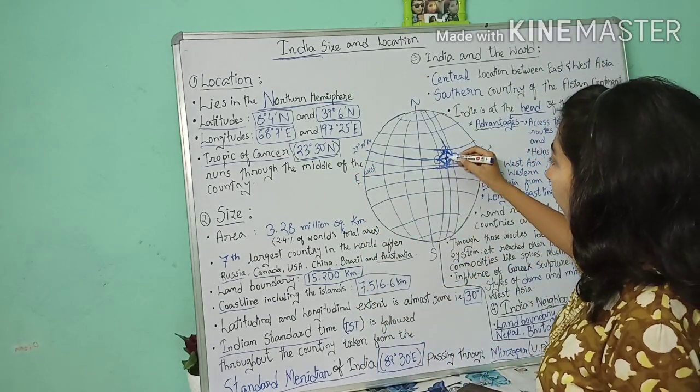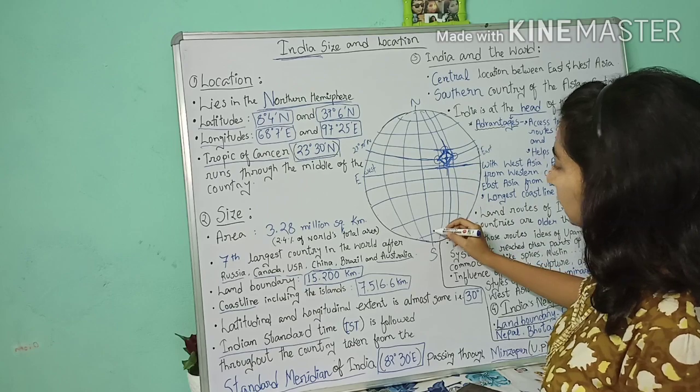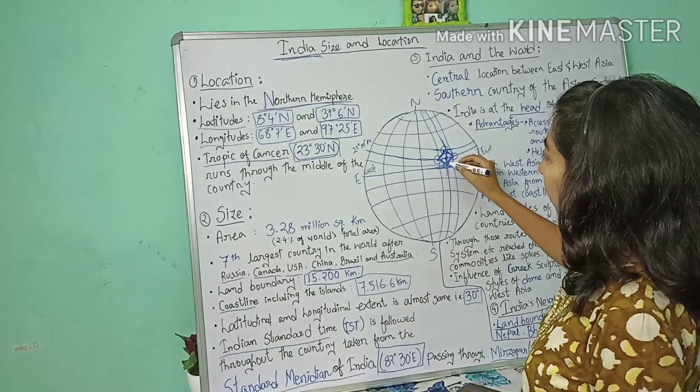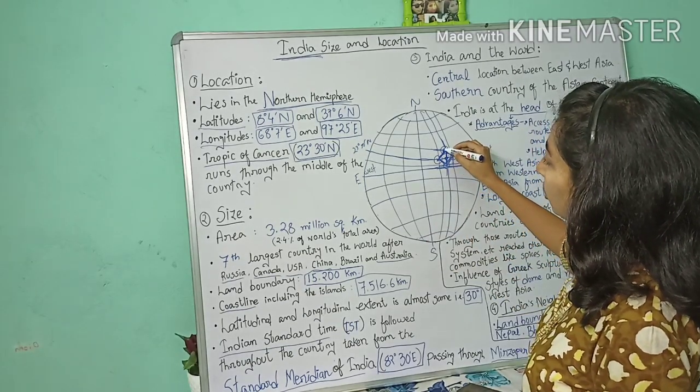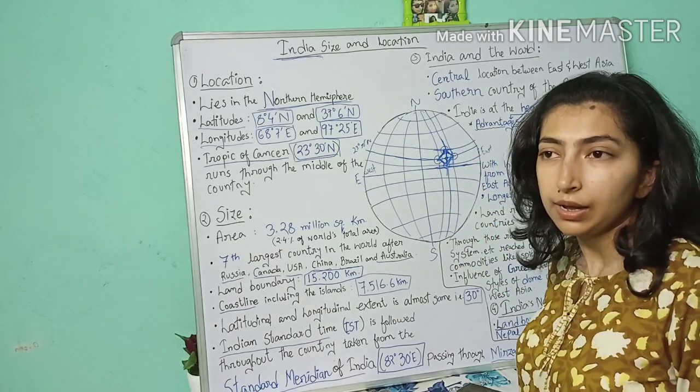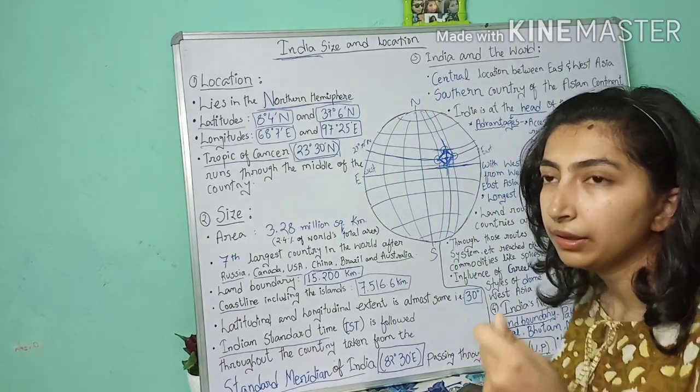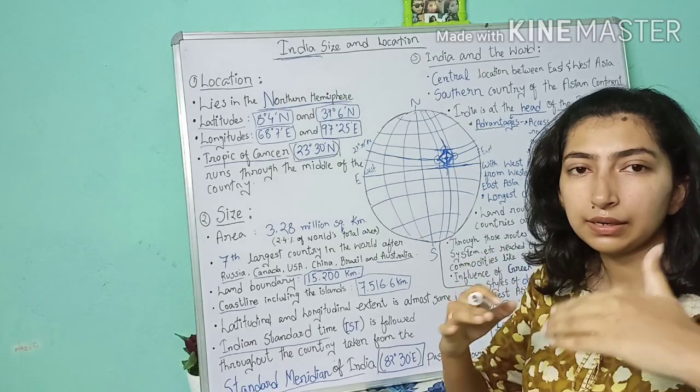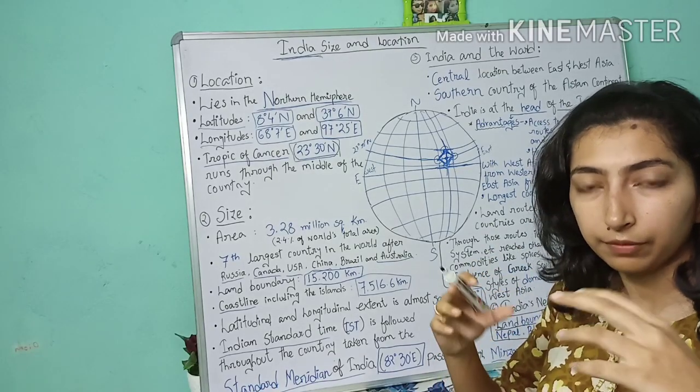The more you go away from the equator, any side, means if you go up in India and reach say Jammu and Kashmir, in Jammu and Kashmir you will find that the difference between the days and nights is felt very much.